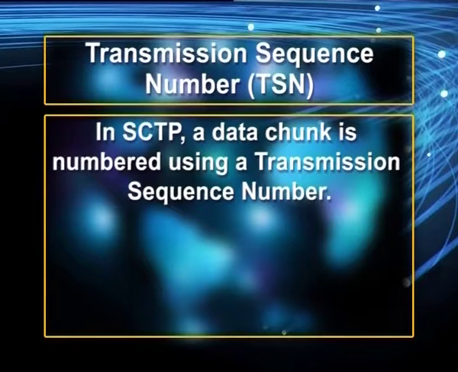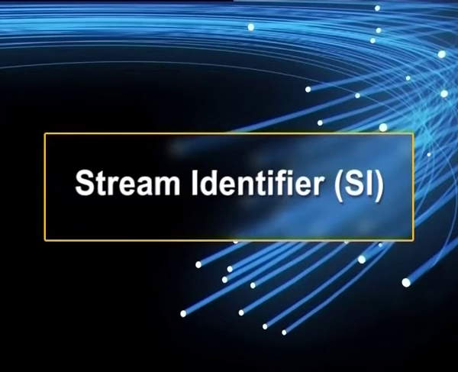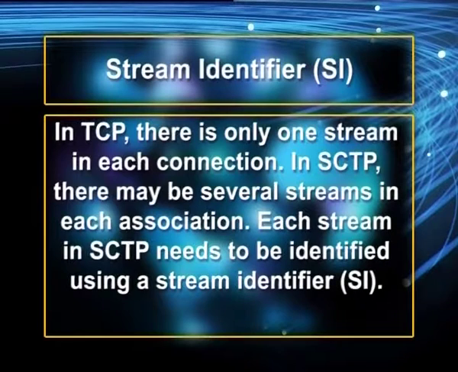In SCTP, a data chunk is numbered using a transmission sequence number, and a stream identifier, SI. In TCP, there is only one stream in each connection. In SCTP, there may be several streams in each association. Each stream in SCTP needs to be identified using a stream identifier, SI.